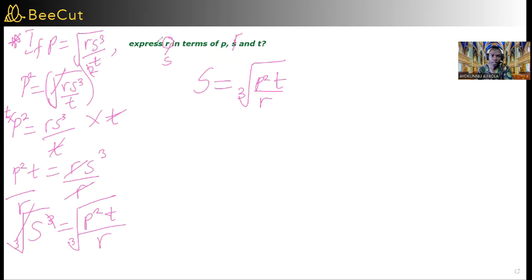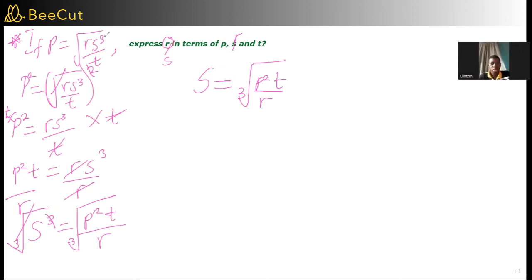So I now said, let me make S the subject formula instead of R. I'm trying to express S in terms of P, R, and T. Is that taken? Yes, sir.